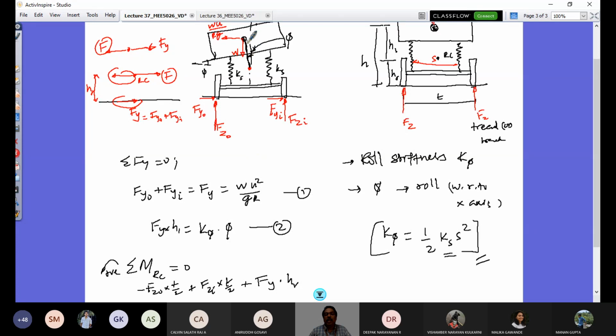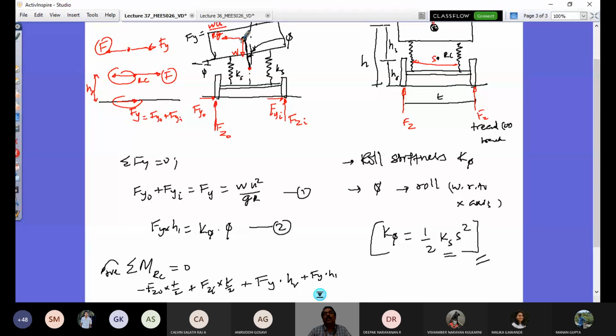So Fy, where is it acting now? This is Fy. So this is Fy into this distance. So that would be Fy into H1, because I take moment about roll center.